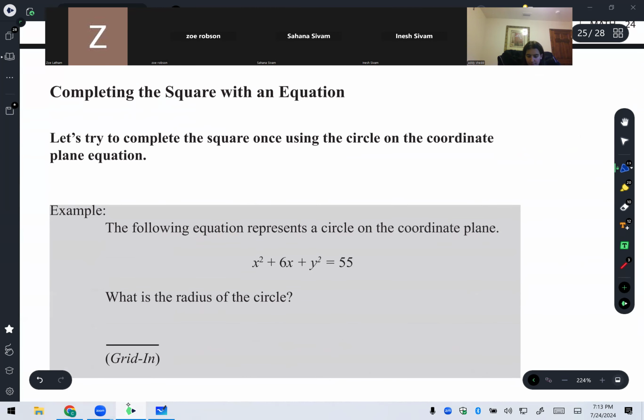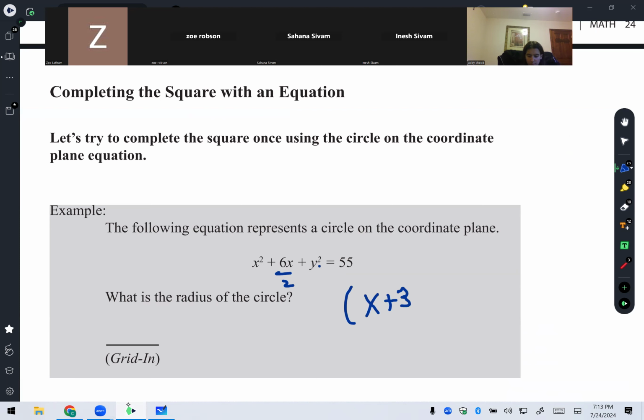Okay, let's try one here. Here's an equation with a circle on the coordinate plane. So I'm just going through all scenarios. Whatever you get, if you get an easy one, hallelujah. We're going to divide this by 2. That'll be x plus 3 squared, which will give us x squared plus 6x, which is what we want, plus 9.